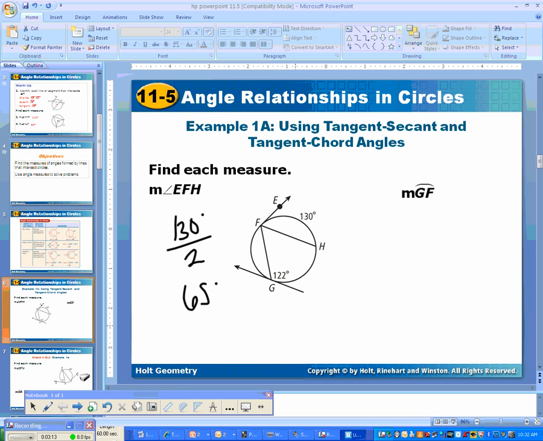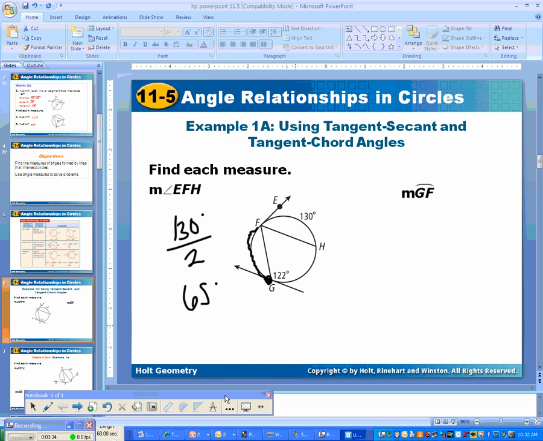For this one, they want to know what arc GF is. Remember, since there are only 2 letters, that means it's talking about a minor arc. So we're talking about the shortest distance between G and F, this one right here. So what can we use to find this? Well, we need to know about some angles here. Notice the vertex is on the circle.